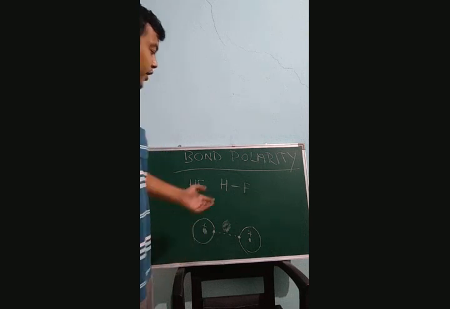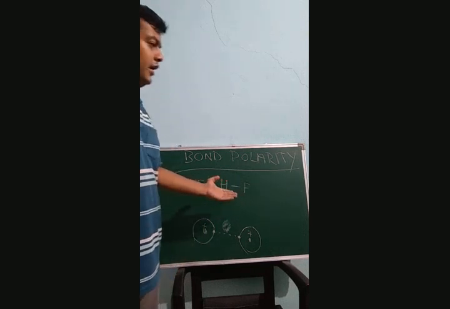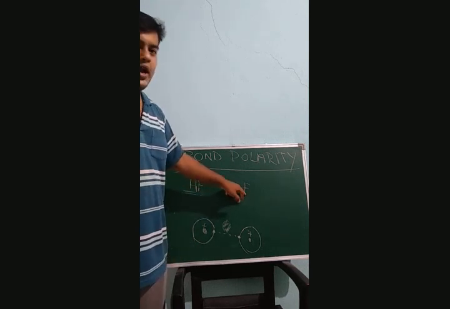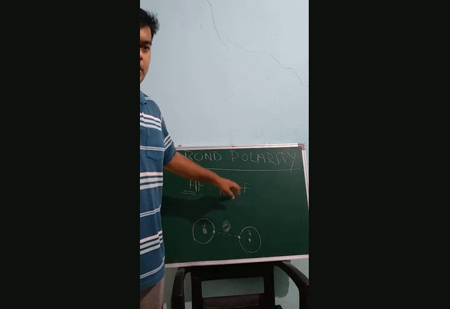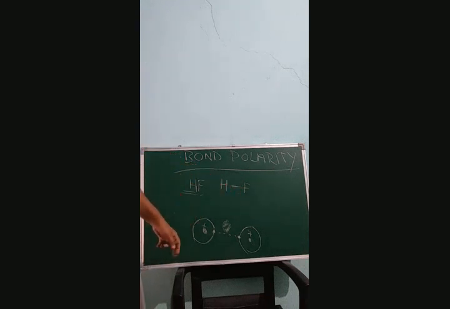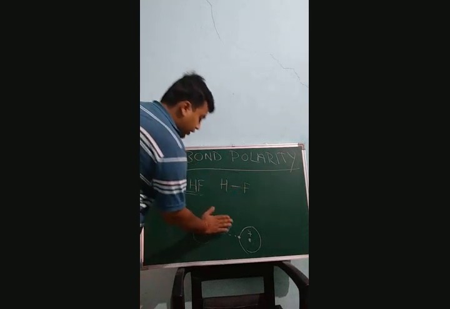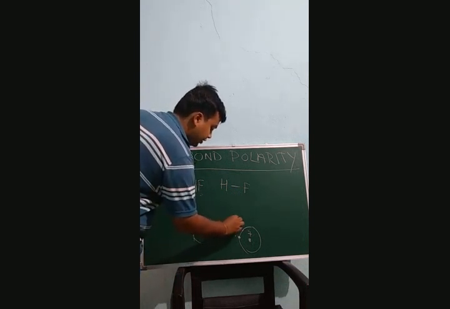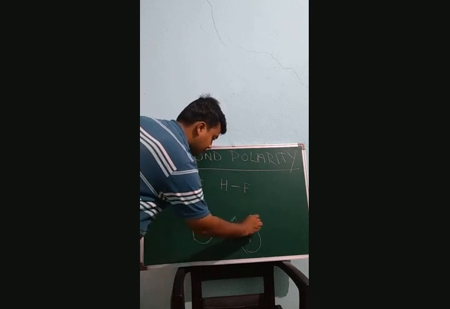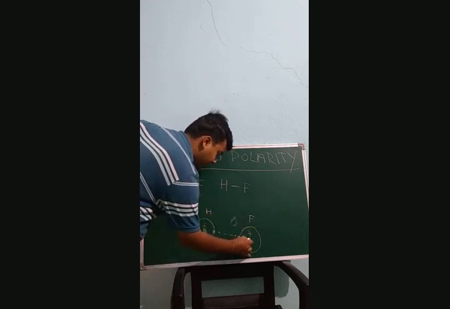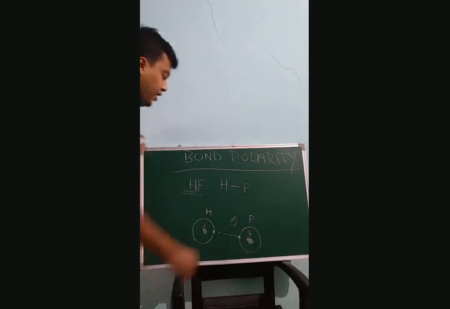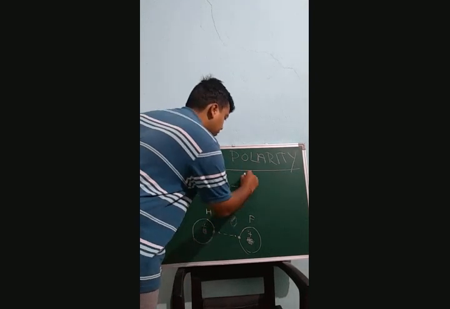And when I say the fluorine atom needs the electron more, or its electronegativity is higher, that means the nucleus of the fluorine atom will attract the bond pair, or the bonded electrons, more than the hydrogen atom. So in the case of fluorine, the electron pair will be nearer to the fluorine atom, because there are more protons in the nucleus, and also the electronegativity of fluorine is greater.